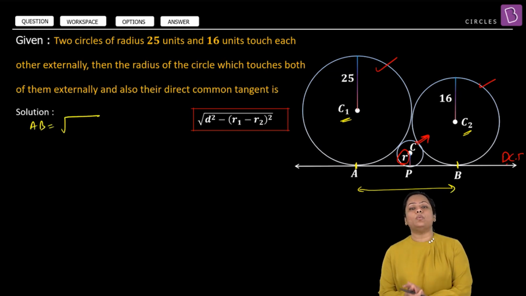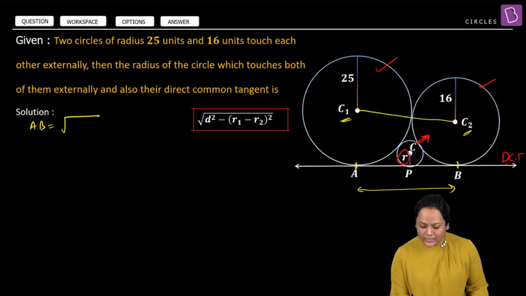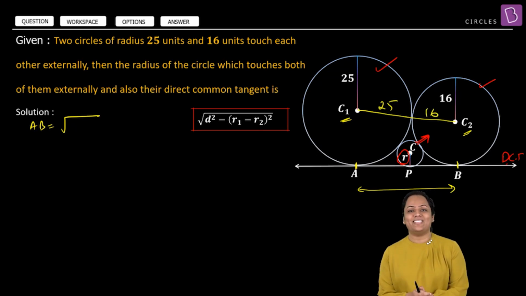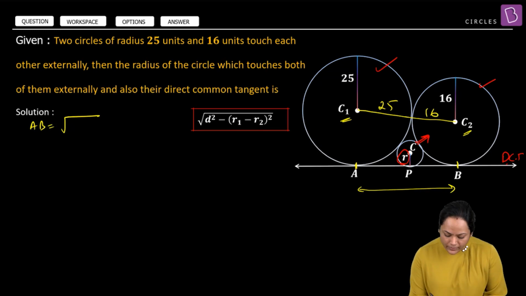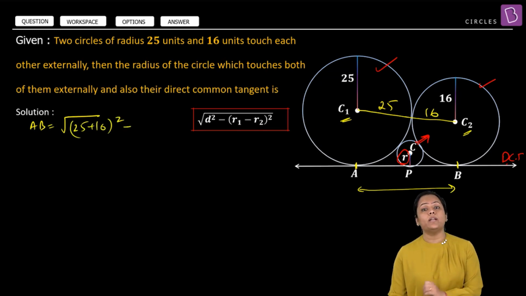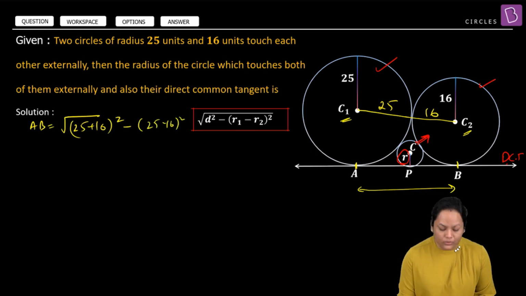Now, what is the distance between the centers? Well, if we see the figure, when I join C1 and C2, this distance will be 25 plus 16, the sum of their radii, isn't it? So that will be (25 plus 16) whole square minus (r1 minus r2), that will become (25 minus 16) whole square.